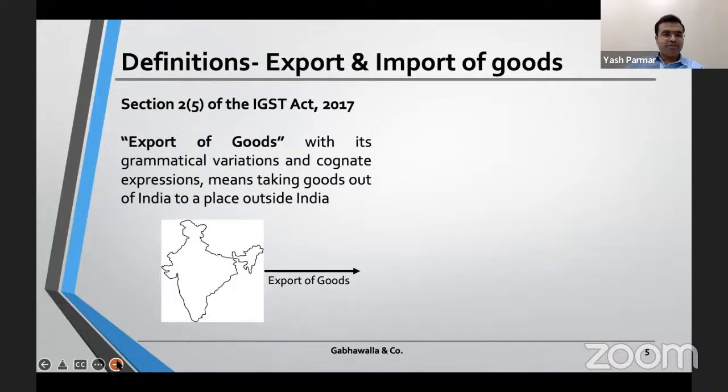Section 2, subsection 5 of the IGST Act 2017 defines the term export of goods as, with its grammatical variations and cognate expressions, taking goods out of India to a place outside India. It's quite a simple definition. Basically, the goods should be taken out of India. The goods should cross the customs frontier of India, then only it will be treated as export of goods.